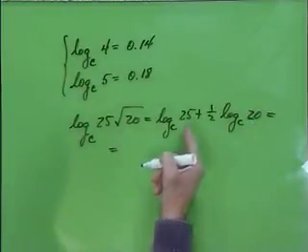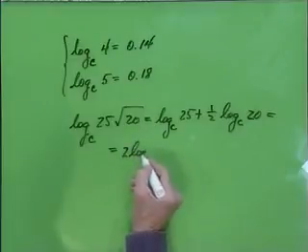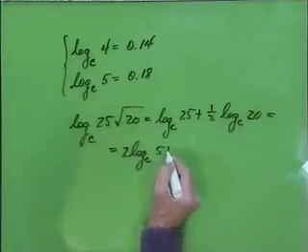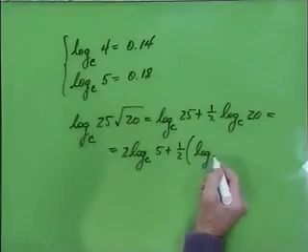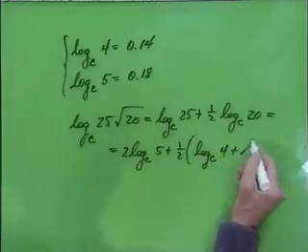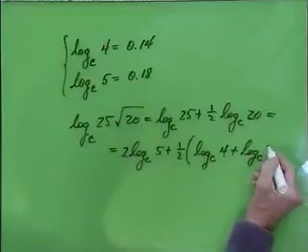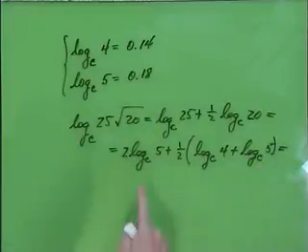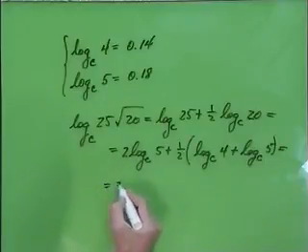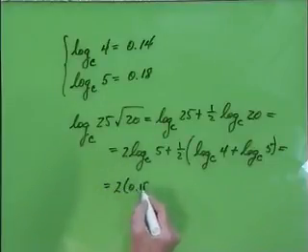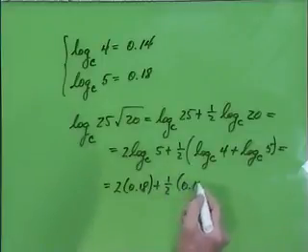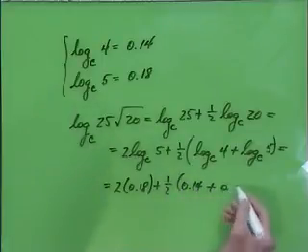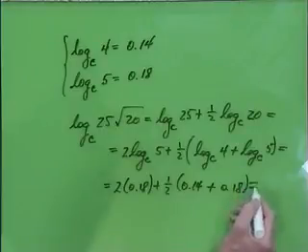And this is 2 times the log base c of 5. And this is 1/2 of the log base c of 4 plus the log base c of 5. Now, we have it broken down into all logs of 4s and 5s. So this will be 2 times 0.18 plus 1/2 of 0.14 plus 0.18.